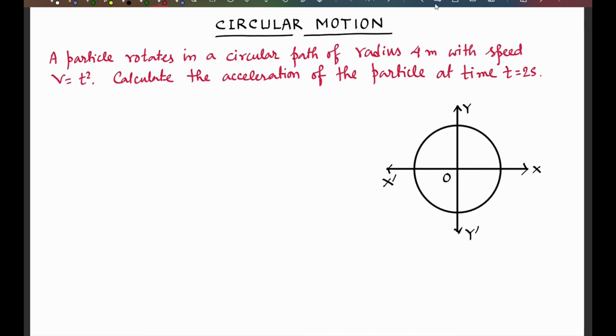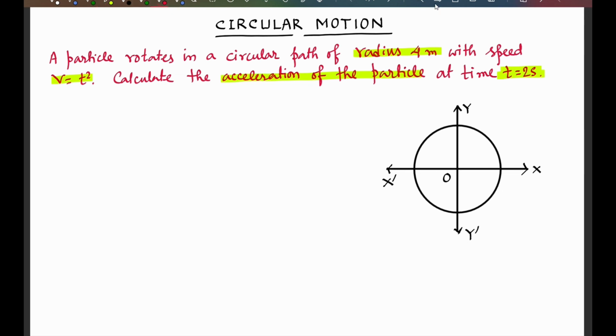Now in this question, a particle rotates in a circular path of radius 4 meter. The speed of the particle varies, that means v is equal to t square, where t is the time. And we have to calculate the acceleration of the particle at t equal to 2 seconds. As the particle is moving with non-uniform speed, there are two accelerations.